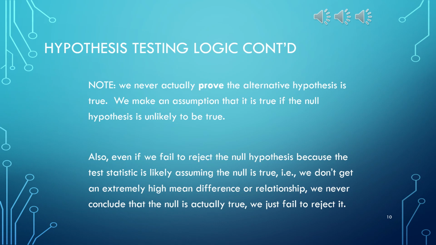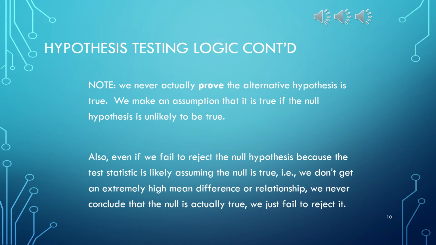All we've done is a logical trick that says, well, we found evidence that the null hypothesis is not true. So what else could it mean? That means that, oh, well, I guess if the null hypothesis is not true, the alternative hypothesis is probably true. Well, we didn't actually show anything to prove or to make true the alternative hypothesis.